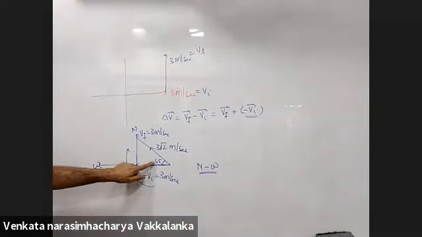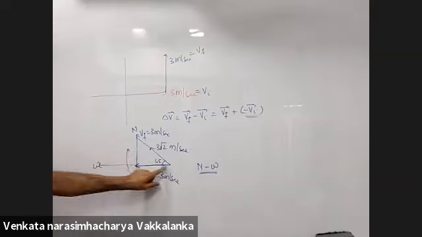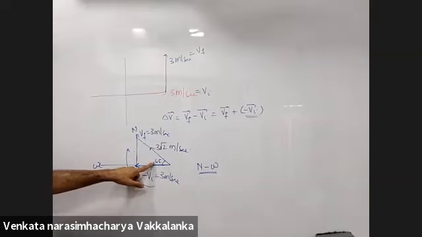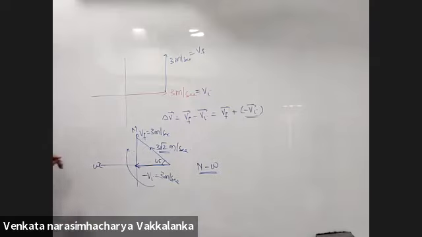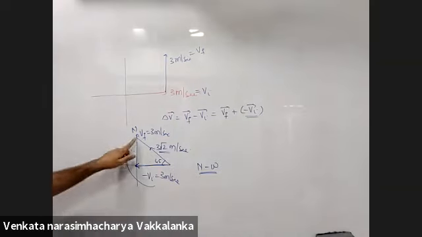Why is this angle 45 degree? This is 3, this is 3, tan 45 is 1. Right? So 3 root 2 meters per second northwest is this change in velocity.